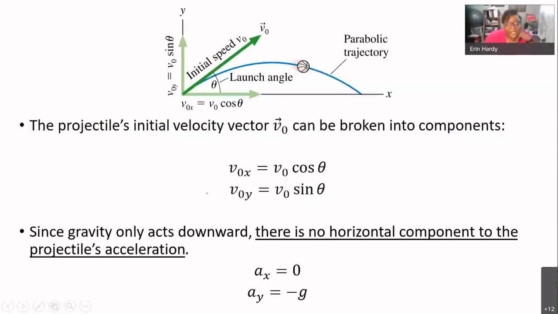So there is a consistent acceleration acting on the ball the entire time, regardless of whether it's moving up, moving down, or not moving at all in the vertical direction. And that acceleration is going to have a sign that is a consequence of the coordinate system choice that we make. If we say that y is positive extending up, negative extending down, the acceleration along the y-axis is going to be oriented toward the negative direction.